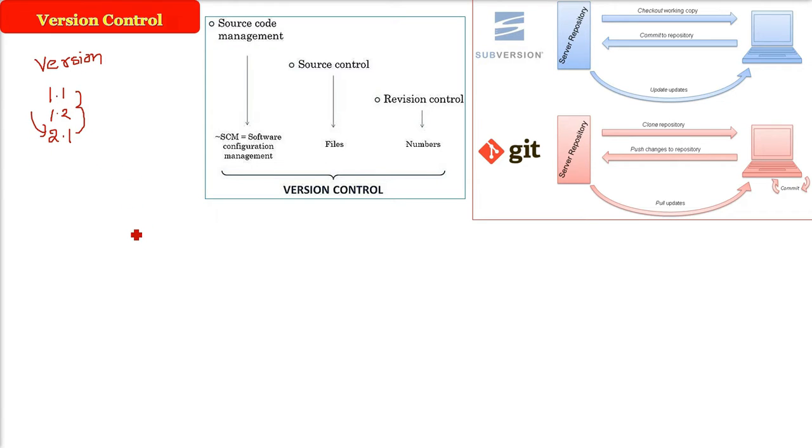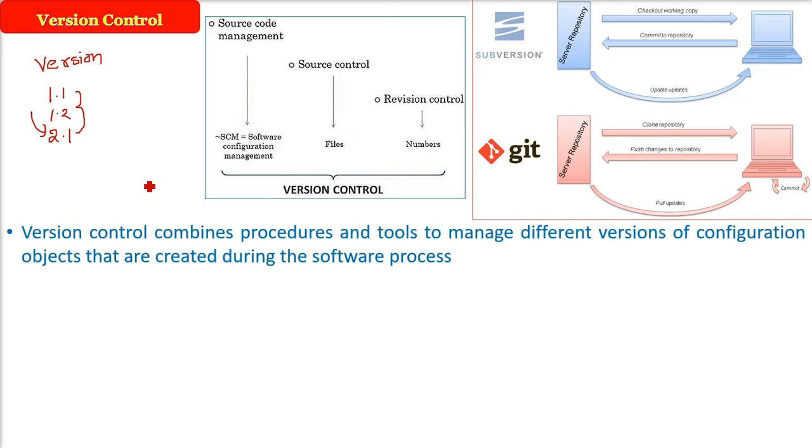Now how to control these versions? Under software configuration management, version control combines two things, procedures and tools, in order to manage these different versions of configuration objects, which I showed you. Configuration objects can be source code, software configuration items, or baselines that are created during the software processes under the software development life cycle.